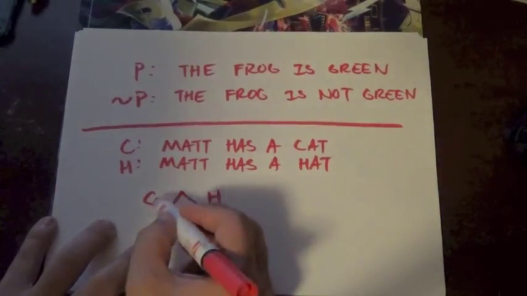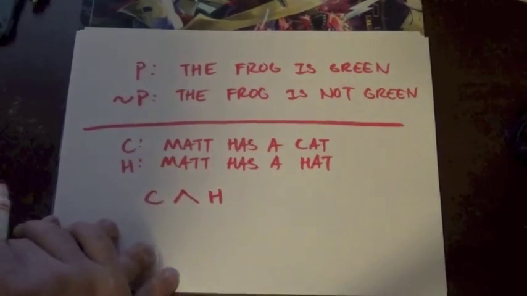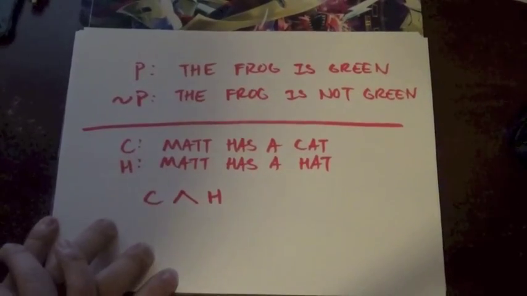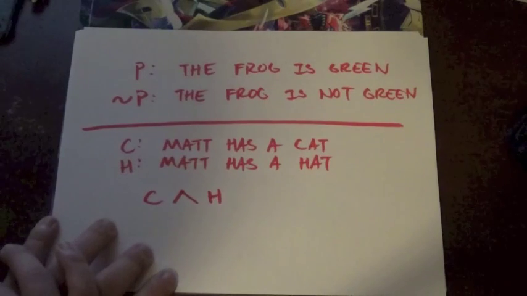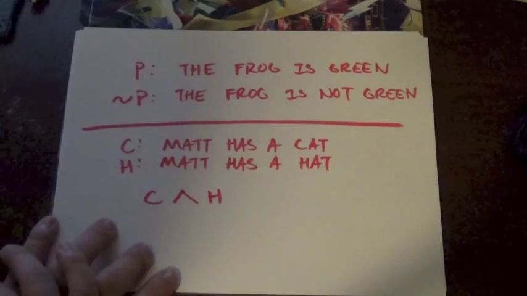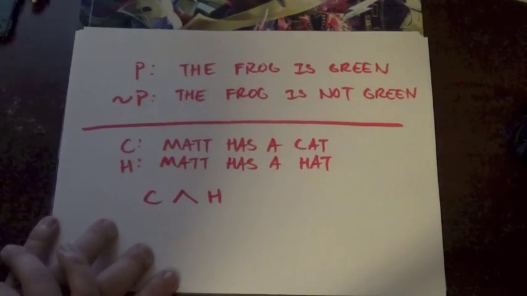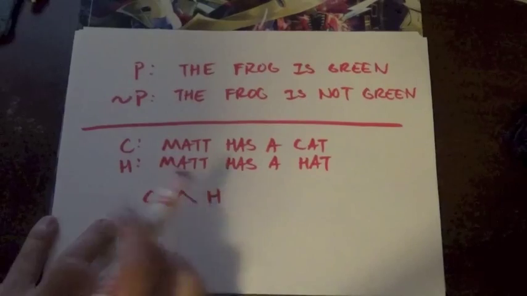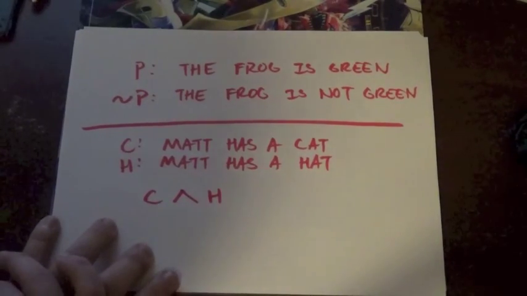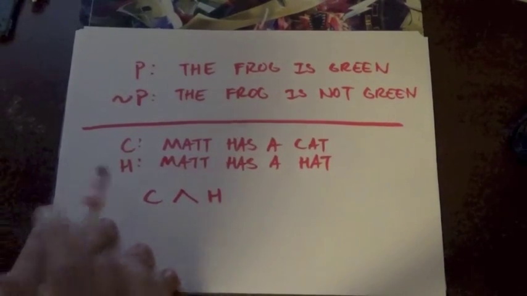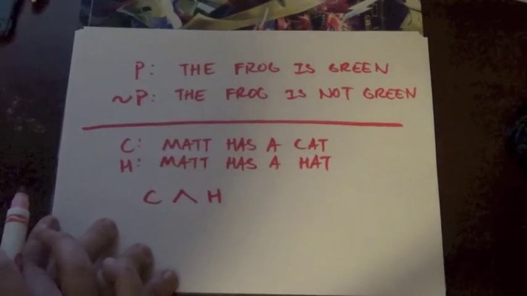If I say C and H, that statement is only true if both C and H are true. If Matt does in fact have a hat and a cat, then it's true that Matt has a cat and a hat. If he is missing one of those things, this statement is no longer true.